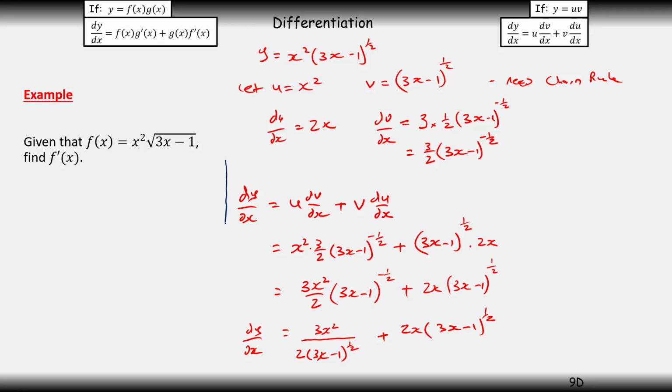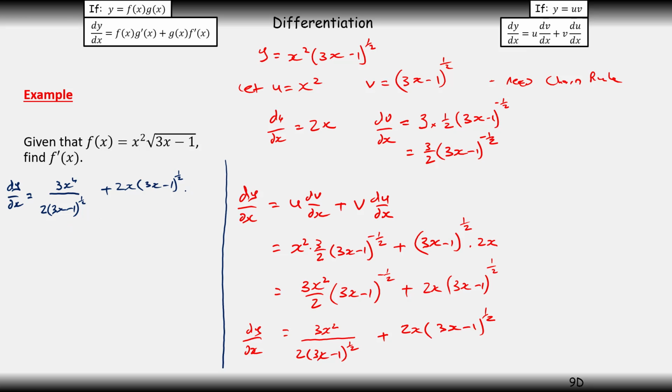Right, so to simplify, let's write the function that we've got. Not much space here, so I've got to be careful. dy over dx is equal to 3x squared all over 2 times 3x minus 1 to the power of a half, plus 2x times 3x minus 1 to the power of a half. Okay, now in order to simplify it, I have to have the same denominator.